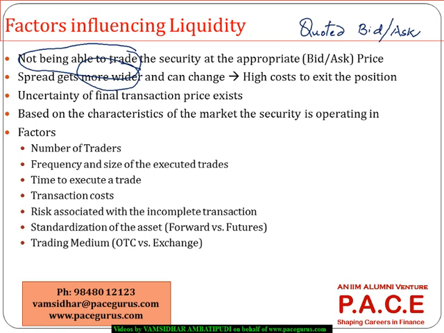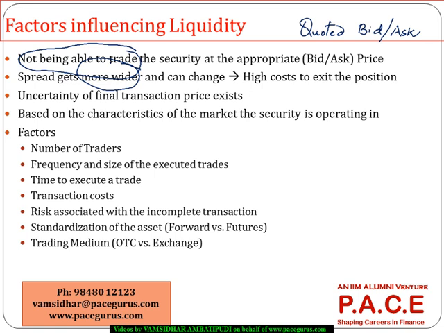Or let's say I want to buy a particular property, but I may not be able to buy it because there is no active market. If there is no active market, it will probably take too much time for me to buy, or I may have to pay much more to buy it.